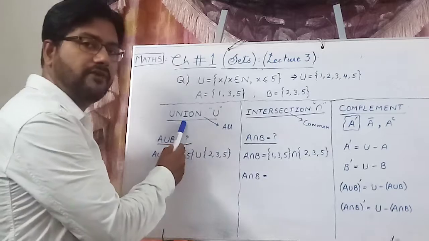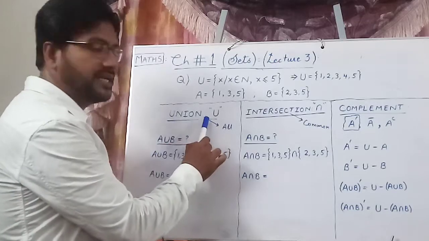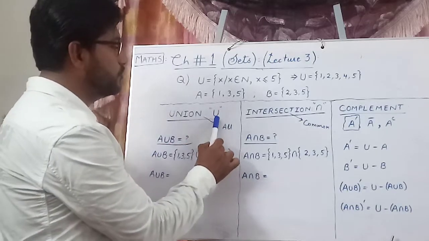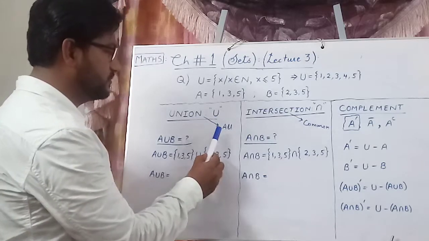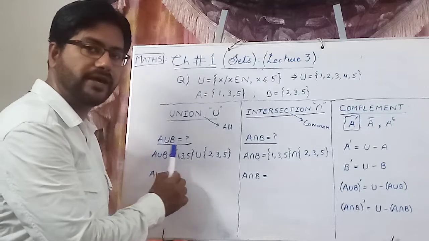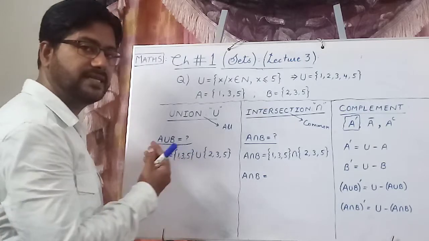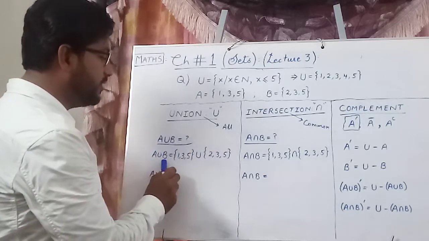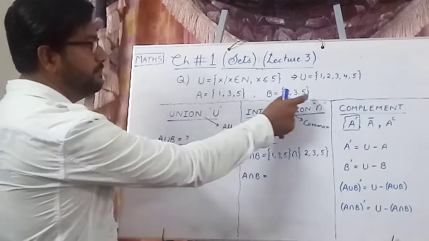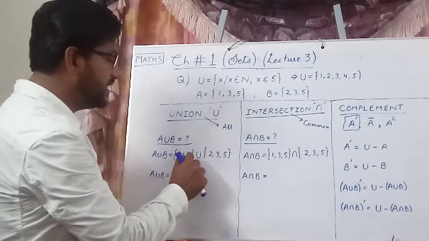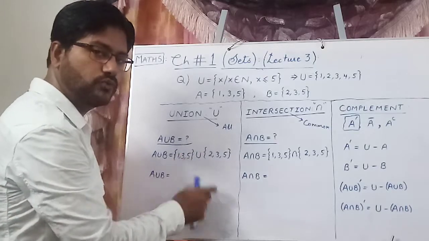So our first topic is union. This sign represents the union sign. What do we have to do in union? In union we have to take all values. For example, our question is we have to find A union B. So how can we ascertain A union B? First we write set A {1, 3, 5} and set B {2, 3, 5}, and we place the union sign in between these two brackets.